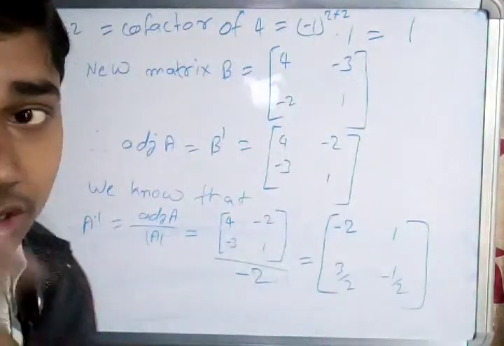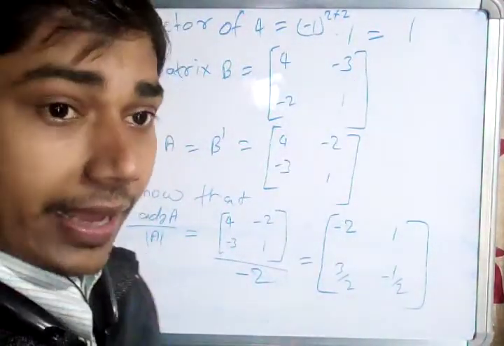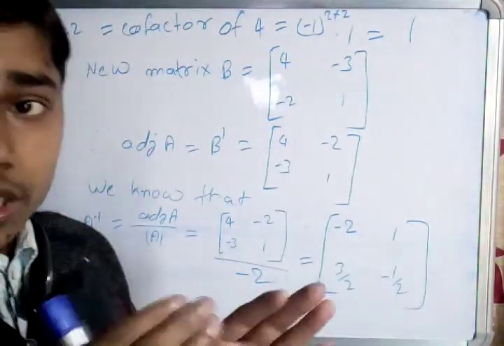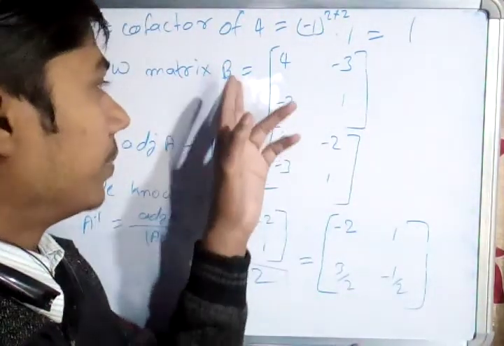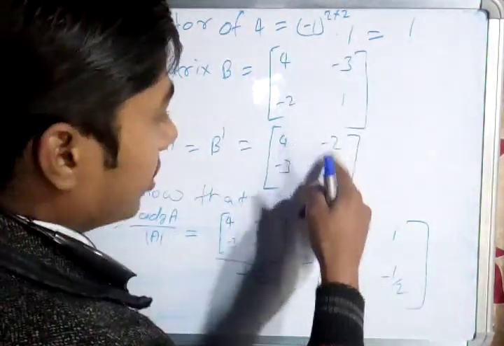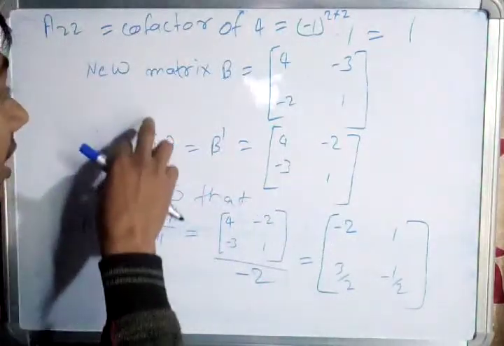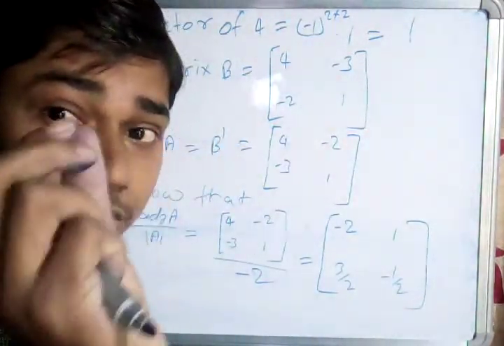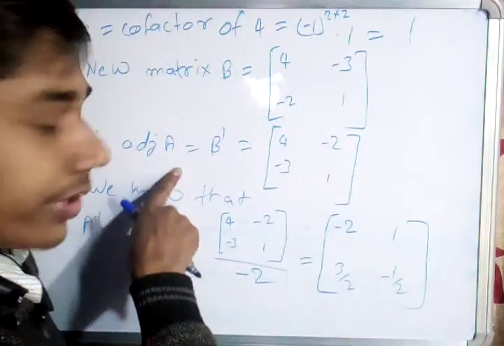We get the new matrix B, and we find its transpose: row changes to column and column changes to row. Then B transpose is the adjoint of A.